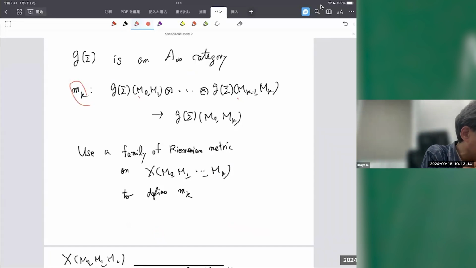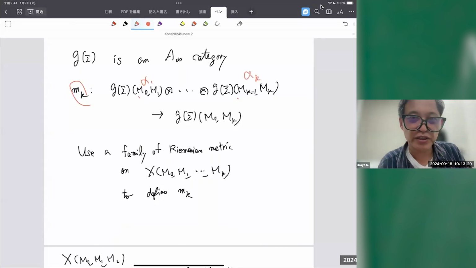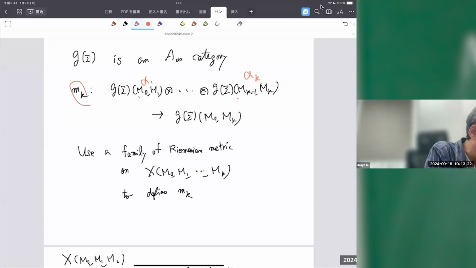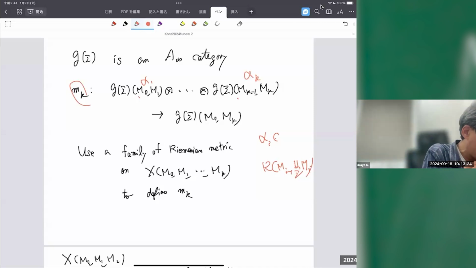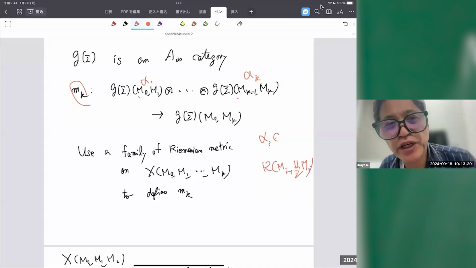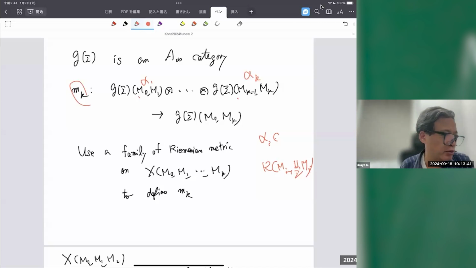Then you have morphisms alpha 1 through alpha k, where alpha i is a flat connection on M_{i-1} joined with M_i. You have these k flat connections, and you should get a linear combination of flat connections. This higher composition should satisfy the so-called infinity relations.